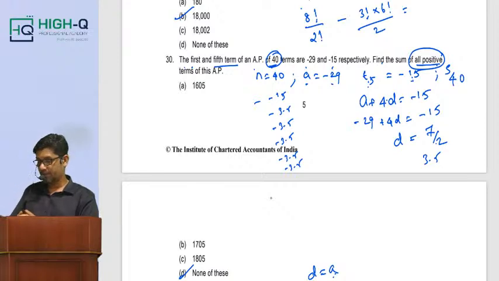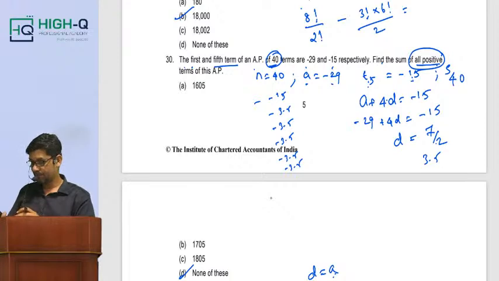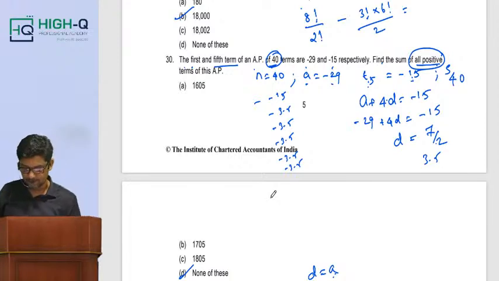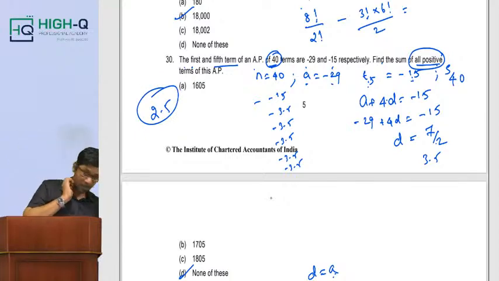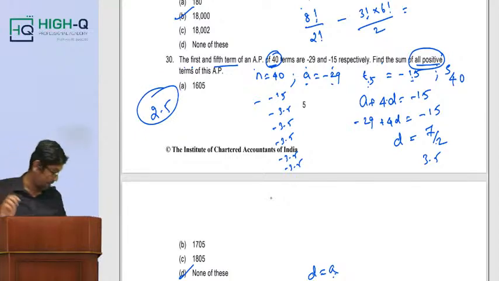What is it? 15 minus 3.5 one time, minus 3.5 two times, minus 3.5 three times. Is it the first term? Am I getting 2.5, my dear? The first term I am getting is 2.5.